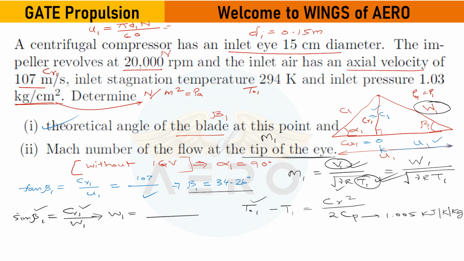T01 is given, CR is also given. Substitute, you can find T1 in Kelvin, put it back in this equation, and you will get the result for M1.